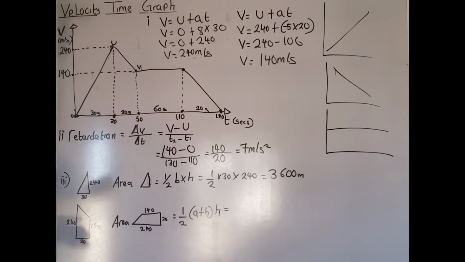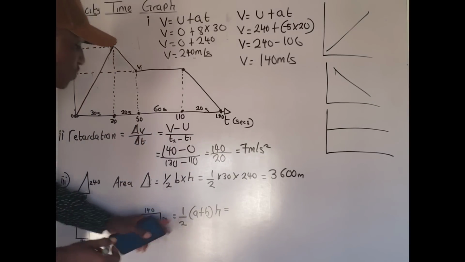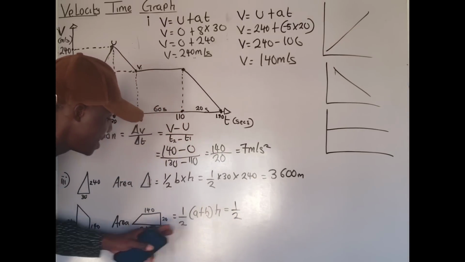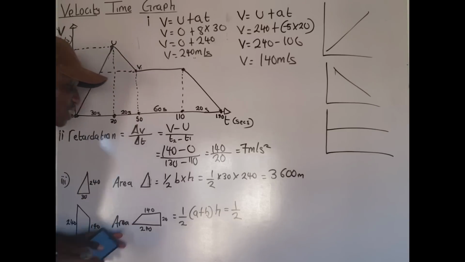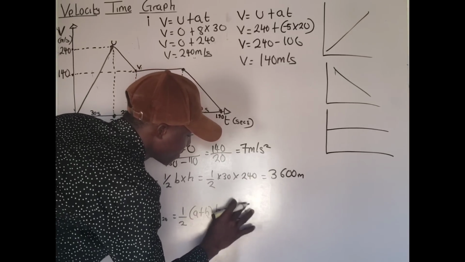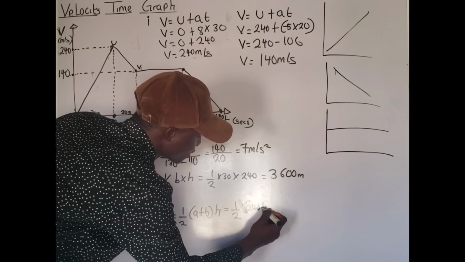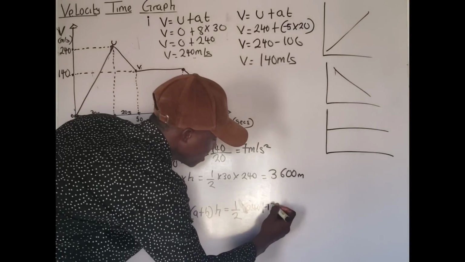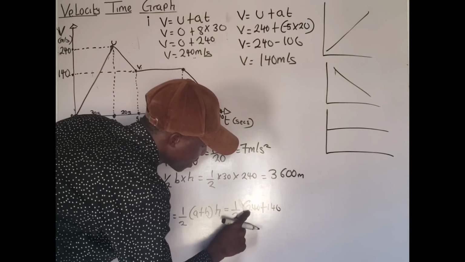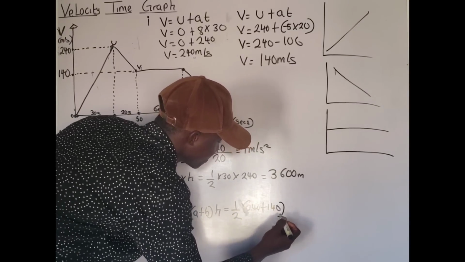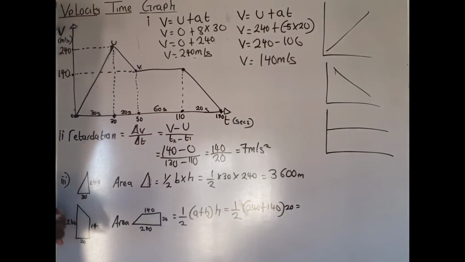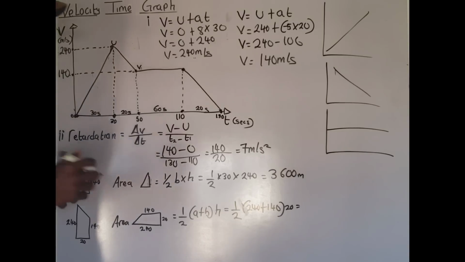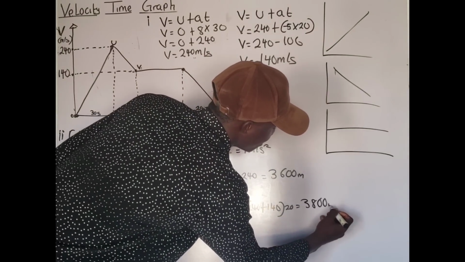A is the longer side of this trapezium, that is 240, and b is 140, multiplied by h. The height is 20. If you calculate this, you're going to have 3,800 meters.